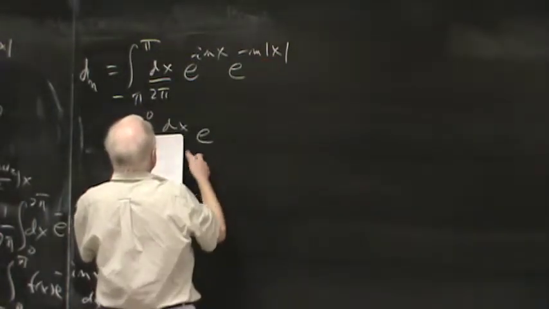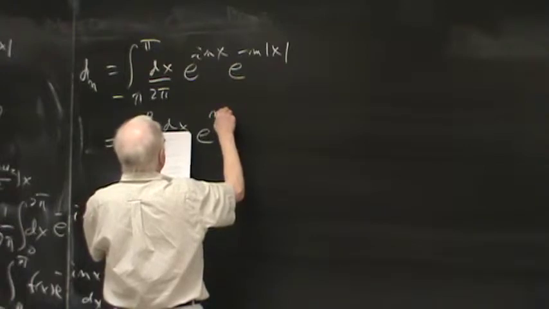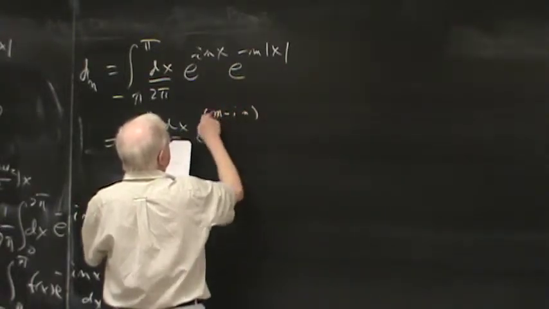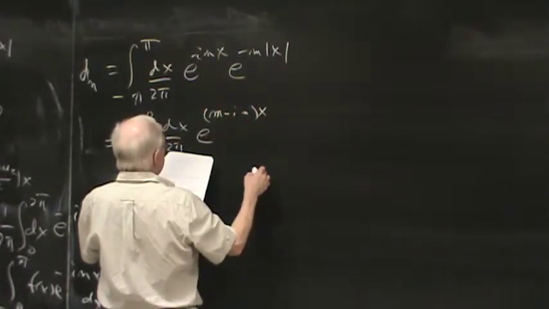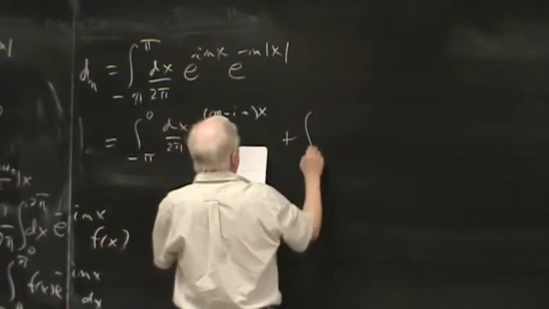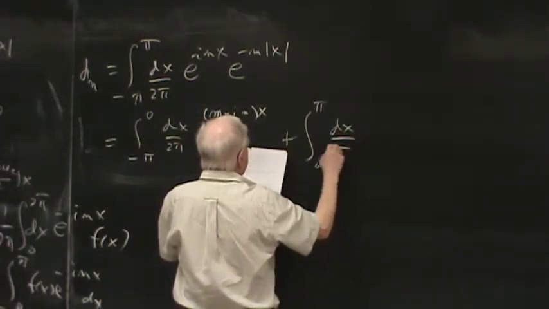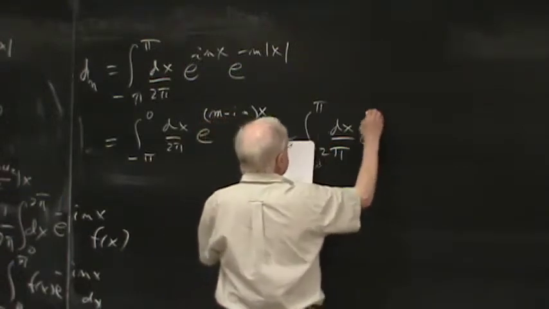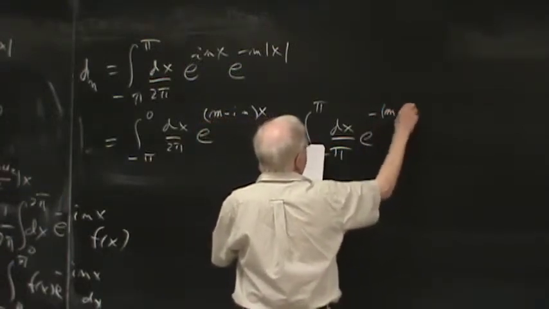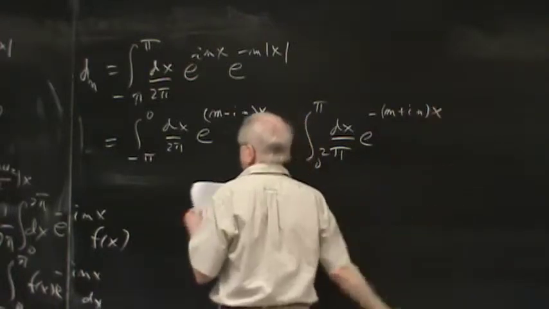So on the negative interval, this is e to the m minus i n x, plus integral 0 to pi dx over 2 pi e to the minus m plus i n x.